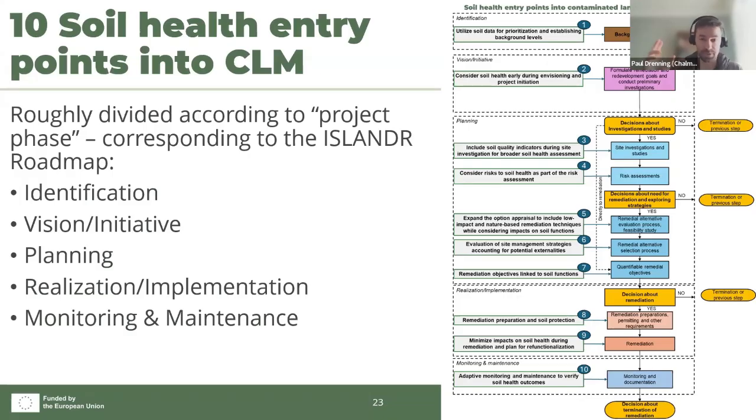From the top, there's the very early identification phase, then the envisioning or initiative phase, defining project goals and land uses, design, etc. Then you get to the more concrete planning phase, then the actual realization or implementation, and finally the monitoring and maintenance. I'll zoom in and talk about each of these stages in a bit more detail. Next slide, please.